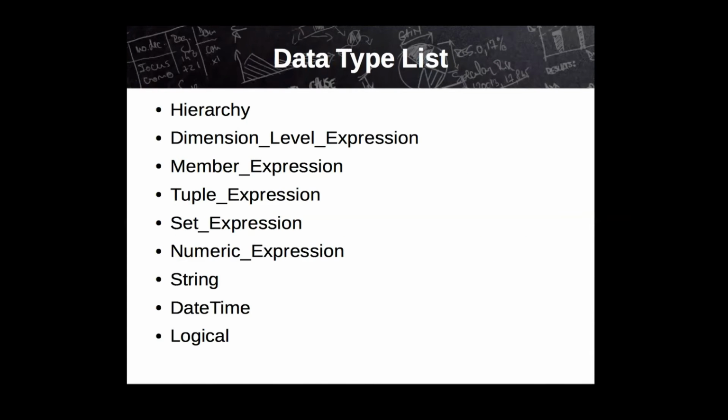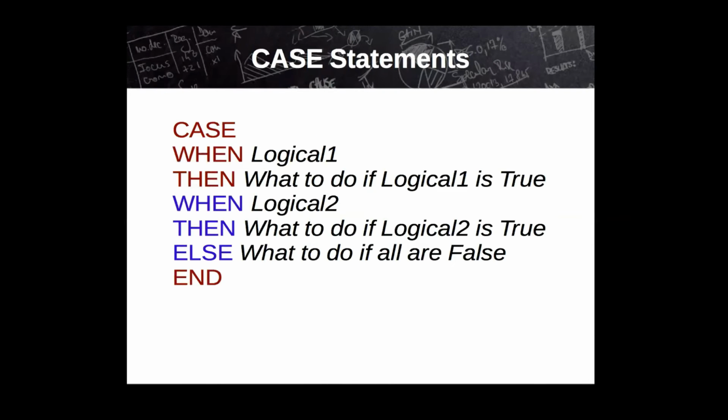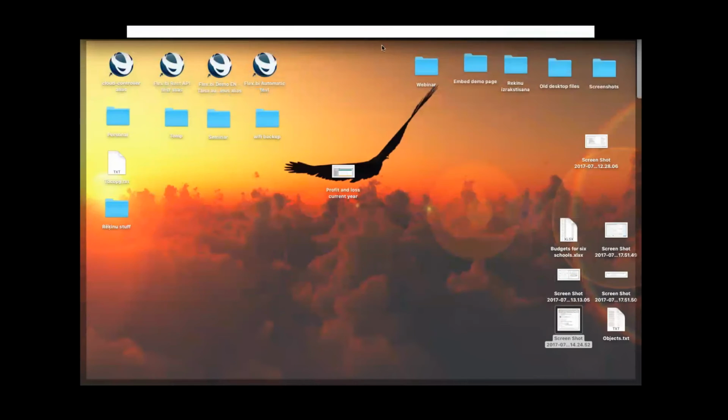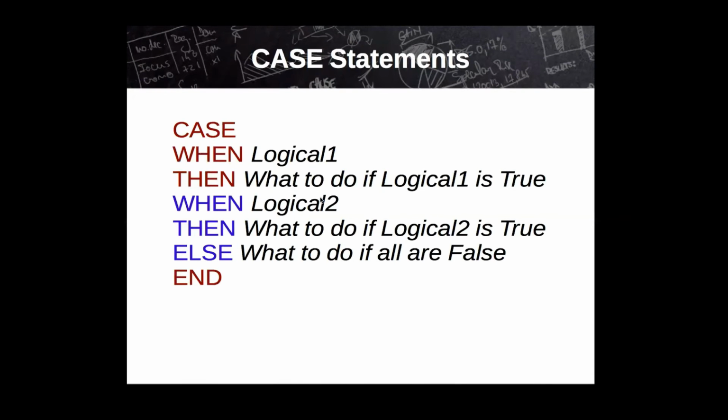So we covered these, and now let's talk about how case statements work. I am not sure if you have ever used them, but I have found in some cases that it's very useful. And this is the structure of how case statements work. I have colored with red the statements that are always going to have to be used.